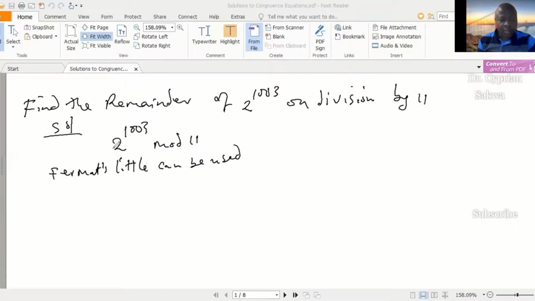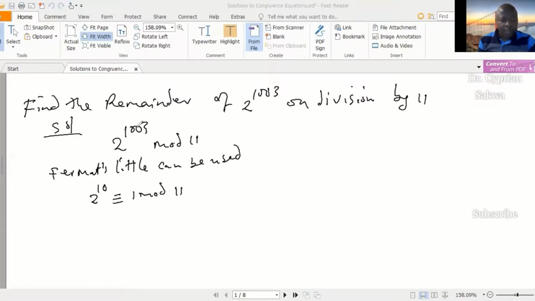Now, this number is already small, so we don't need to reduce it further. You remember in the previous example, it was bigger than the modulus, so we reduced it. Fermat's little theorem says that 2 raised to 10 is congruent to 1 mod 11.